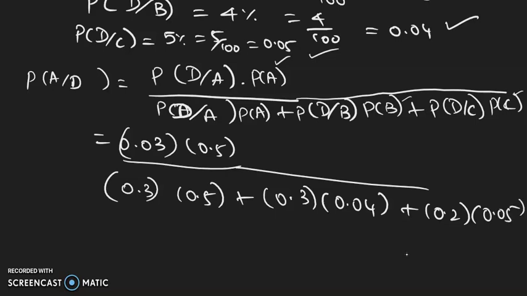We have just substituted all the values. D given B is 0.04, D given C is 0.05, I have written here. If you simplify these values, you will get 0.4054. So this is the solution.